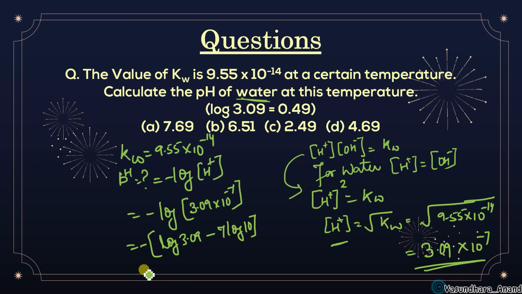So this will be 1. So here it is minus 0.49, the value of log 3.09, and this is plus 7. So just calculate it. It will be somewhat less than 7, isn't it? That means this is the answer, 6.51. Clear? I hope it is clear.